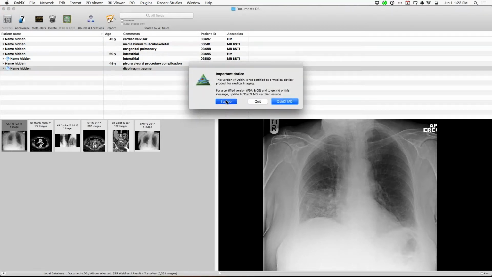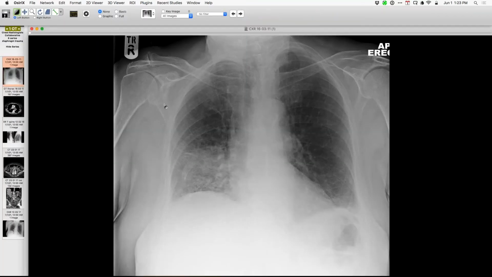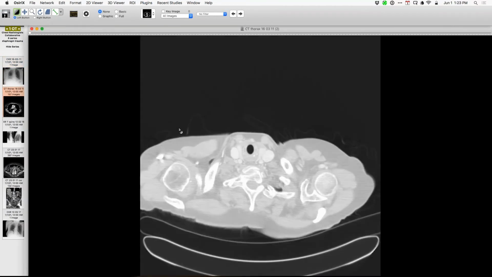This is a patient that at a point in time sustained trauma. So this goes back to 2011, at which time you can see at least one rib fracture and adjacent lung opacity, quite consistent with contusion. This is a CT from the same time.